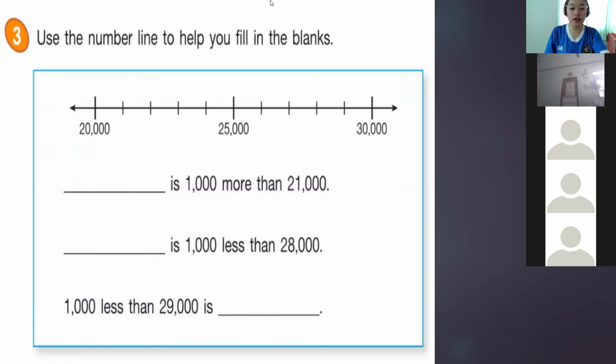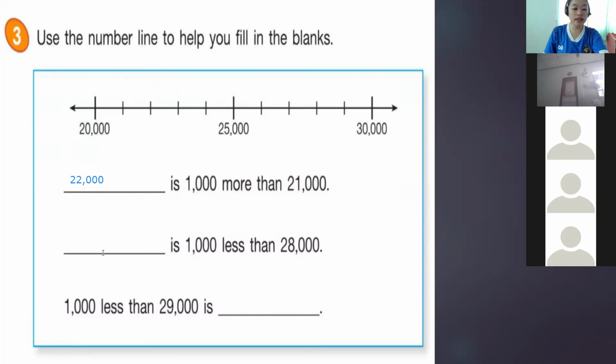The answer here is 22,000, which is 1,000 more than 21,000.